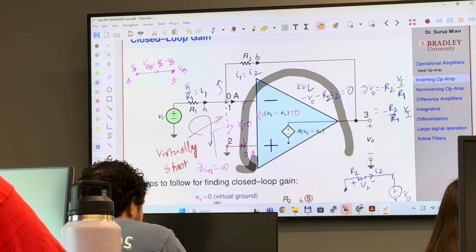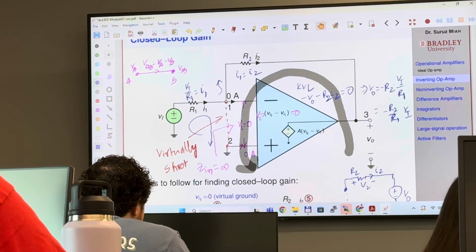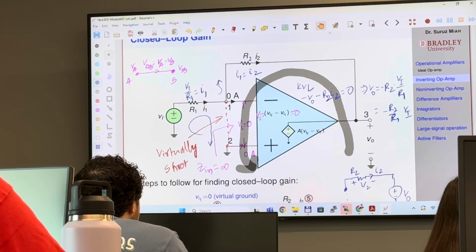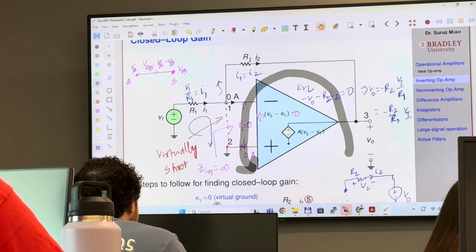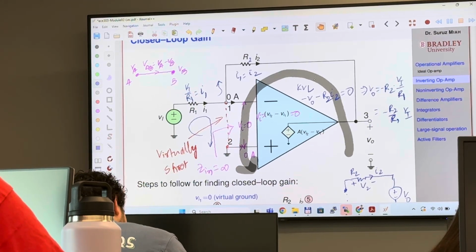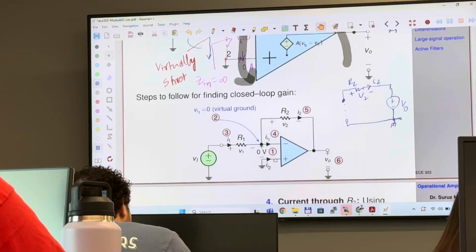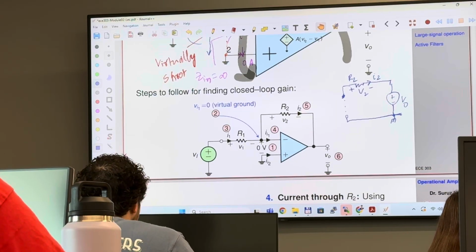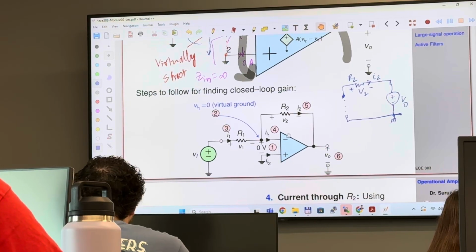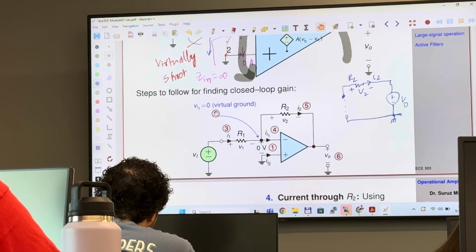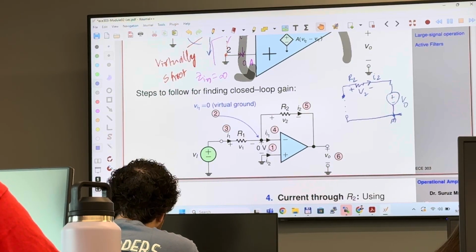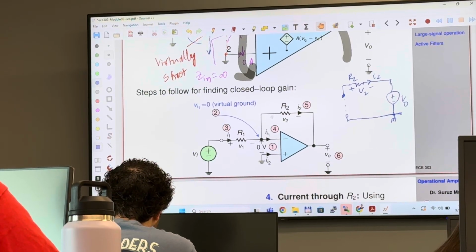Did you guys understand? You understood? Okay. So we found the relationship between input and output. Now nicely, what I did, I drew this circuit here. And here I showed the steps that you need to follow to analyze this circuit.